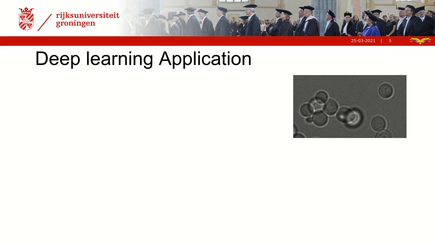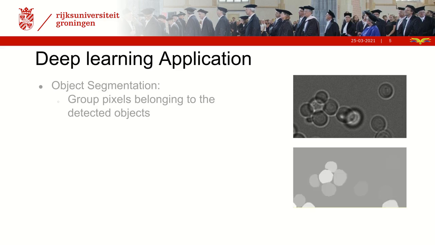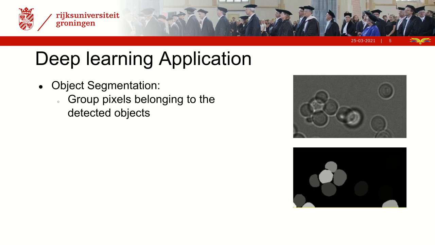Just a brief explanation of some of the deep learning applications used in this project. Assume we have a bright field image, and we want to do an object segmentation. Object segmentation means that we want to group pixels together that belong to the same object, in this case a cell. So we can say here is one cell and here is another cell.